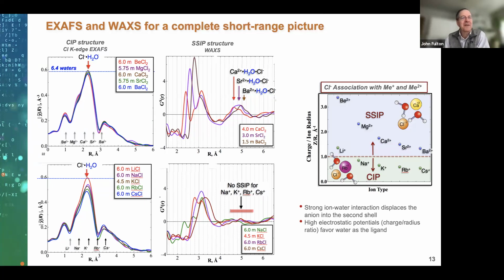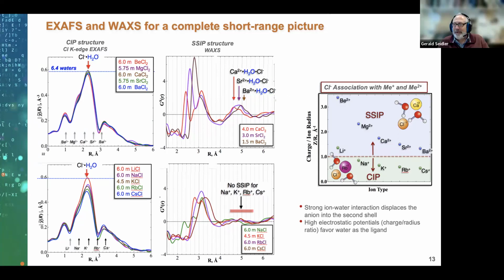And I consider the use of PDF as a recent terminology that perhaps gives a better visualization of what you're measuring, but the basic methods I feel are the same as the old historical use of X-ray diffraction or wide-angle X-ray scattering. So it's my personal interpretation.